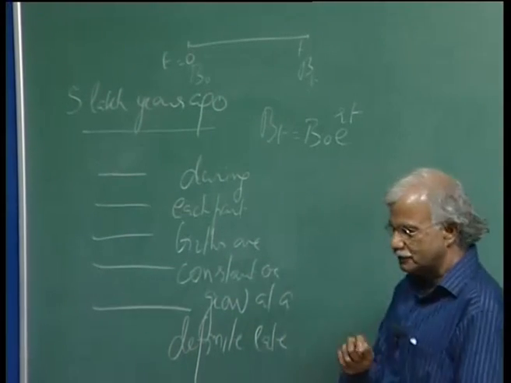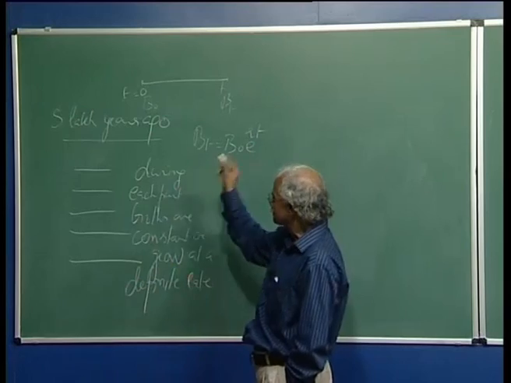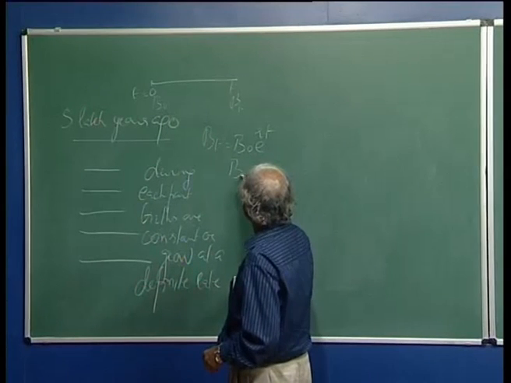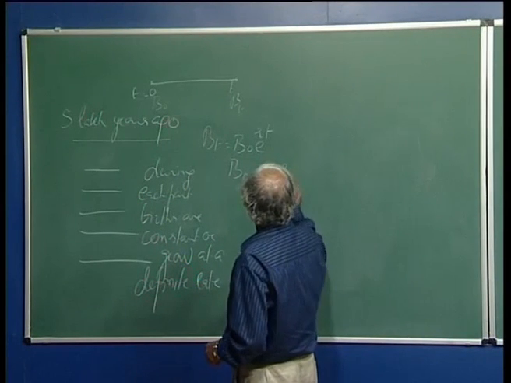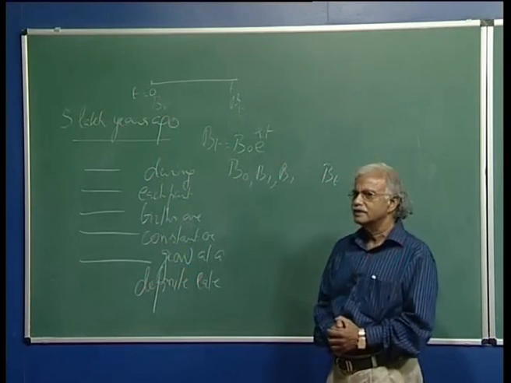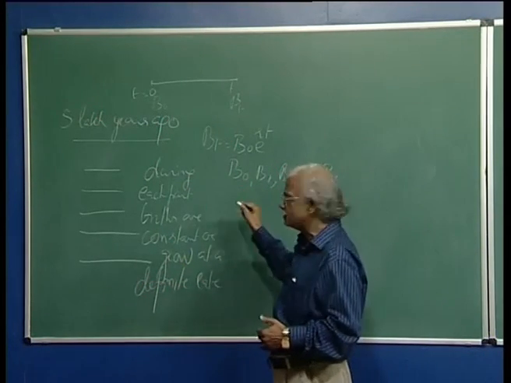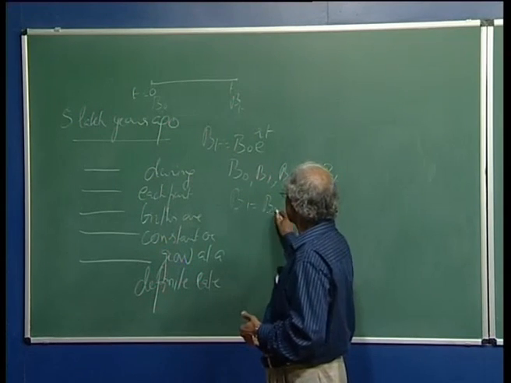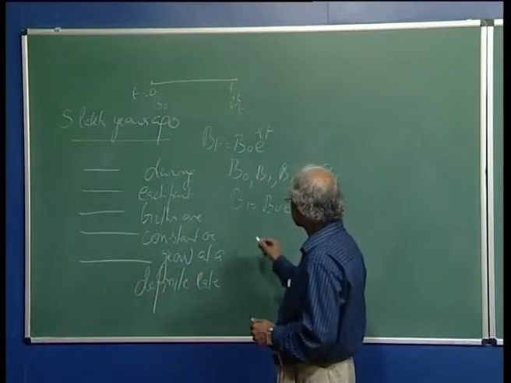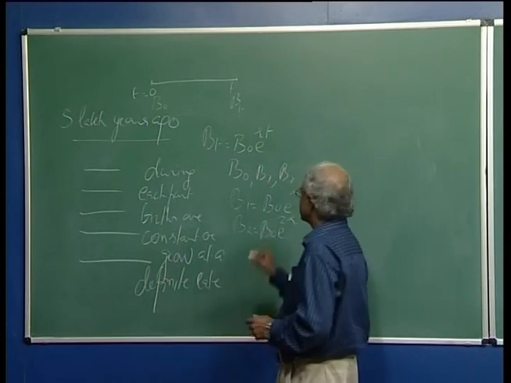I know that some of our students may have difficulty in understanding the logic of a continuous variable. So, let me give the example of a discrete variable. Let the number of births be b 0, b 1, b 2 up to time t, okay. And let every time, say after a gap of 1 year, b 1 be b 0 e raised to power r, where r is the rate of growth of births, or b 2 is b 0 e raised to power 2 r.